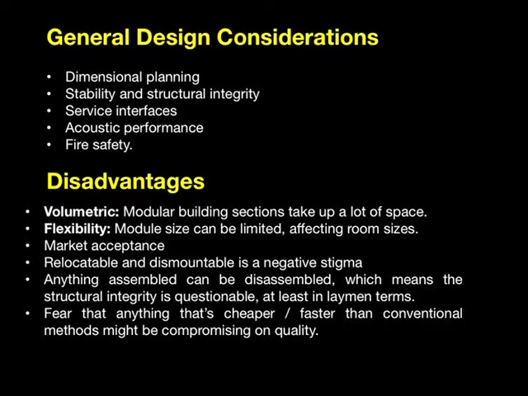There are a lot of considerations that you need to take care of when you are doing modular construction. Dimensional planning is one such thing. Stability and structural integrity of the component, service interfaces, acoustic performance, fire safety are all things which need to be taken care of. By dimensional planning, what we mean is alignment and finishing requirements.